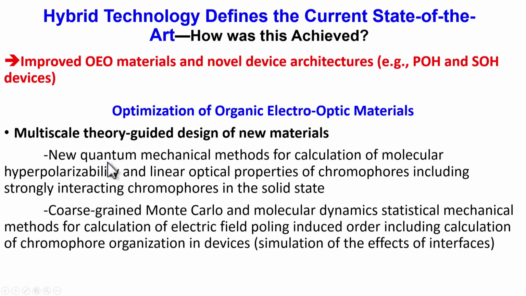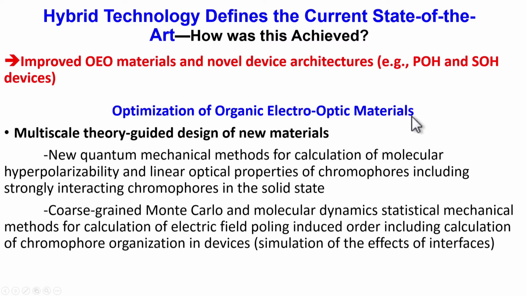In fact, in devices currently, the electro-optic activity is 300 to 400 picometers per volt, and in bulk materials, it's about 500 to 600 picometers per volt in published literature, but actually the current values are about twice those. So there's been dramatic progress in the last couple of months. And in the next few slides, you're going to see exactly how that's achieved and where we can actually go.